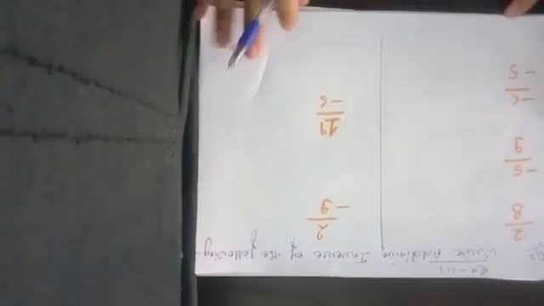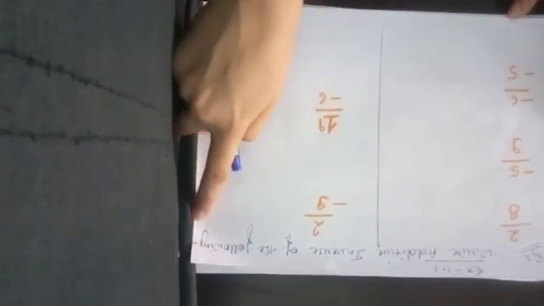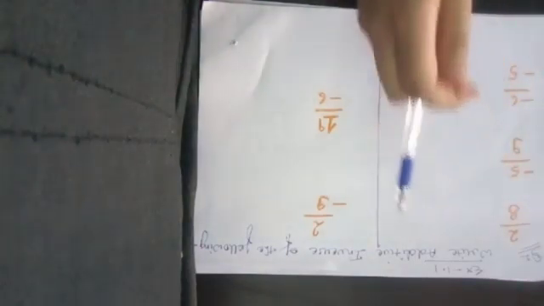Now let's move to question 2 of exercise 1.1. Please pause this video and copy this question, as many of you do not have books. So I hope you have copied it. This is the question of the book, and the question says, what is the additive inverse of the following?